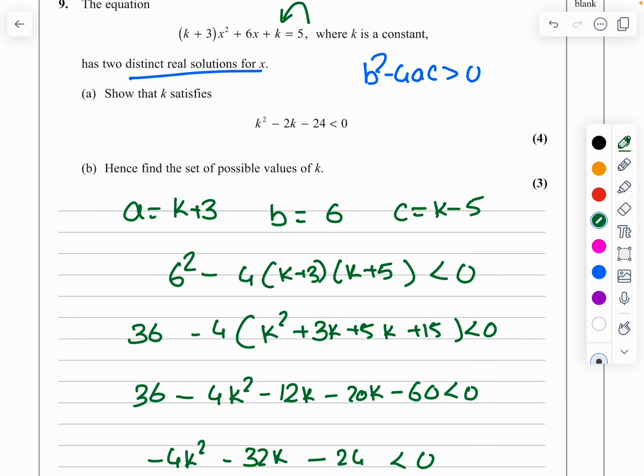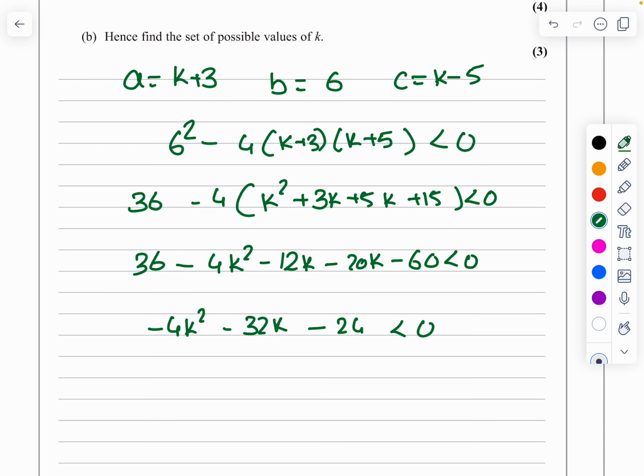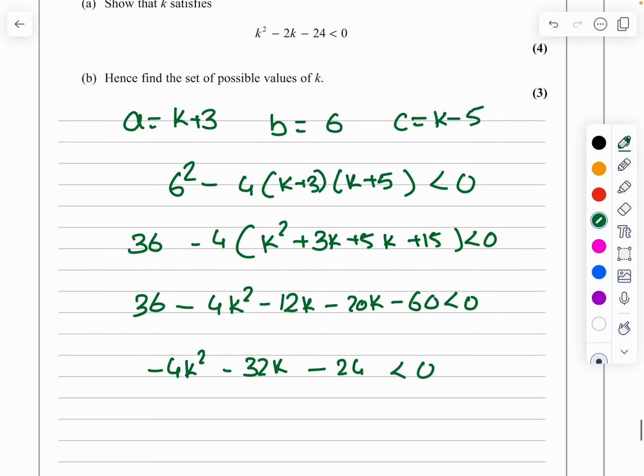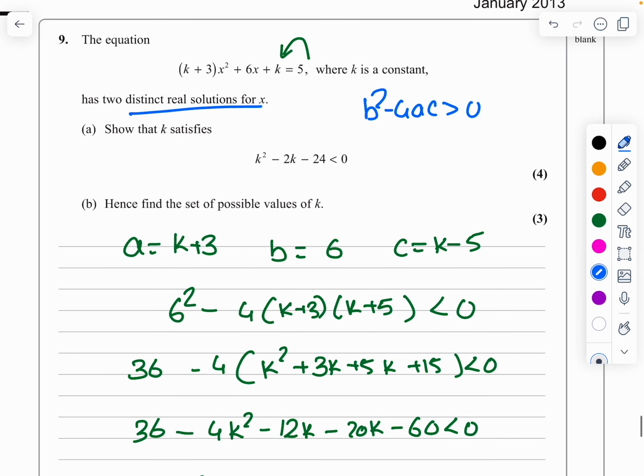Now, so divide by negative 4. When I divide by negative 4, we get k square plus 8k plus 6 is greater than 0. But you have to be careful over here. He says that this equation has two distinct real roots. Two distinct real roots means what are we supposed to do?